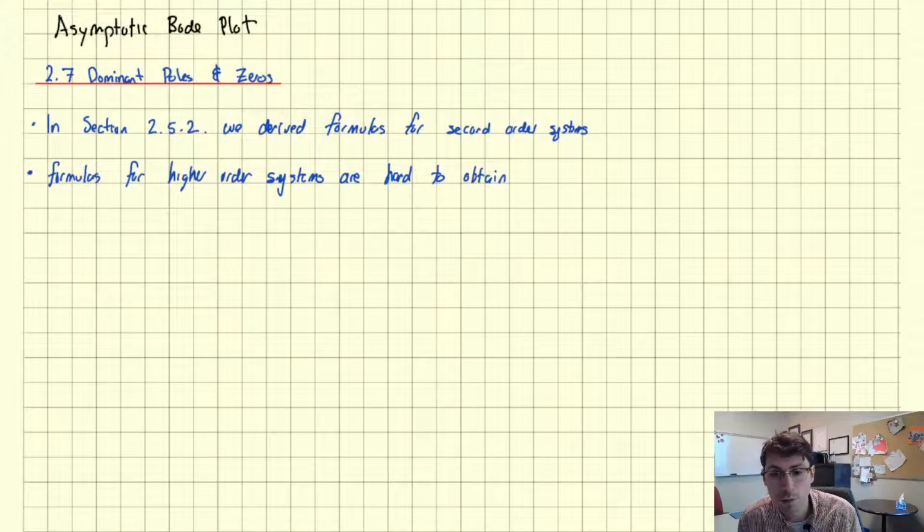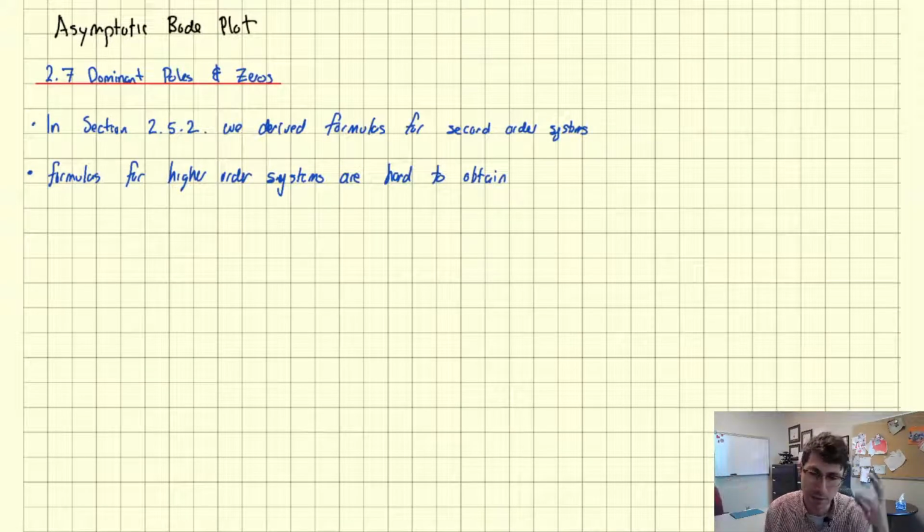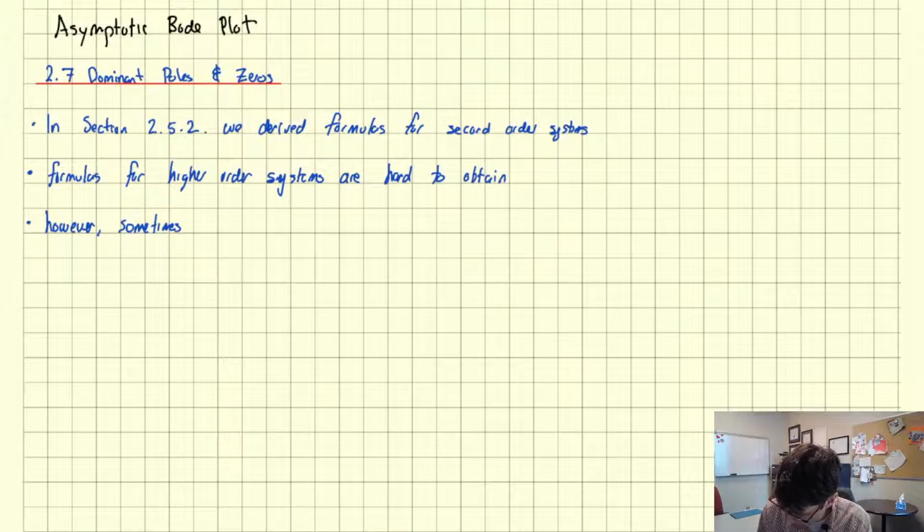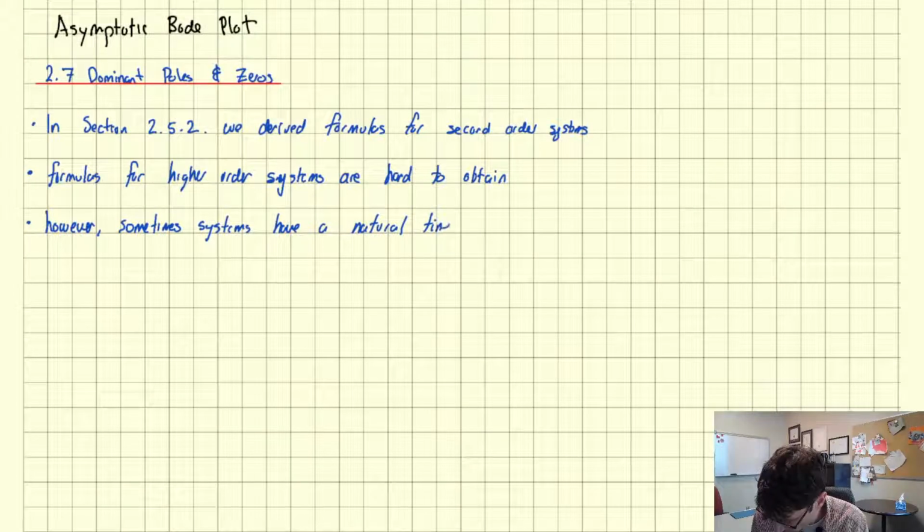Well, if you remember back to our motor example, sometimes a system has sort of a natural time scale separation, right? There's a fast part of the system dynamics, and then there's a slow part of the system dynamics. And again, we saw this when we looked at the DC motor. So sometimes systems have a natural timescale separation.